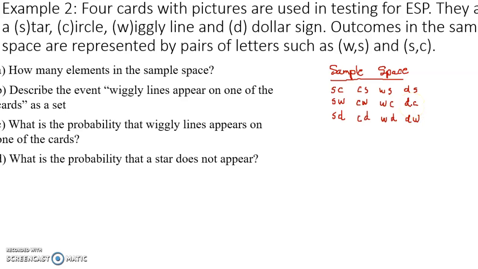So I've listed all the possible outcomes, and there are 12 of those.